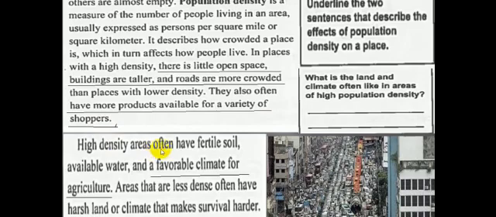High density areas often have fertile soil, available water, and favorable climate for agriculture. Areas that are less dense often have harsh land or climate that makes survival harder.